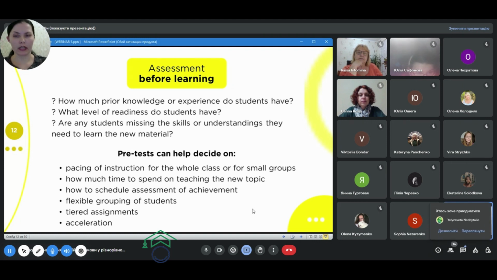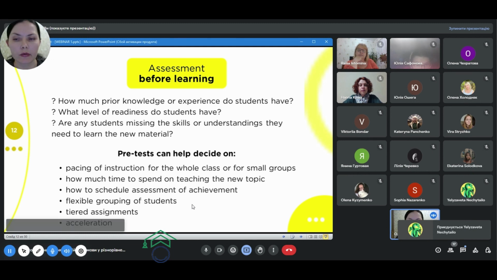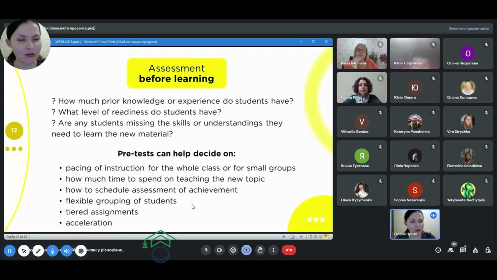Lower level students, high level students, it will be easier for you to put them into groups according to the level of language command. You will also decide whether you will need tiered assignments or not. So whether you need to accelerate the instruction or not.